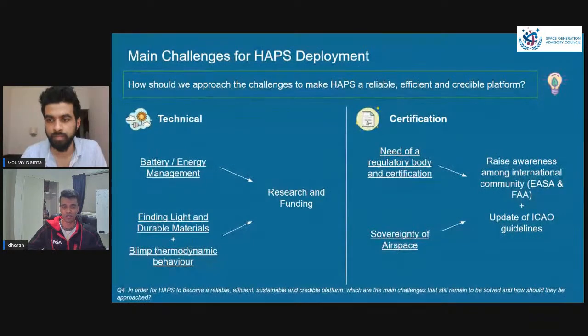But this is an opportunity for us to stay green. So making sure the energy management is as optimal as possible becomes quite important. But this is an area that is still being researched, and it still needs funding for us to work out how we can better service this area.